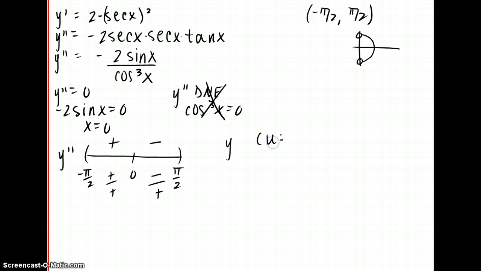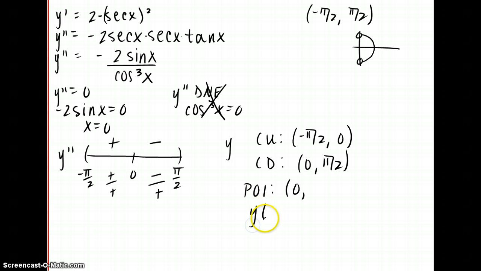So y is concave up from negative pi over 2 to 0, concave down from 0 to pi over 2. And there's a point of inflection when we plug 0 back into the original. Tangent of 0 is 0, so the origin would be a point of inflection.